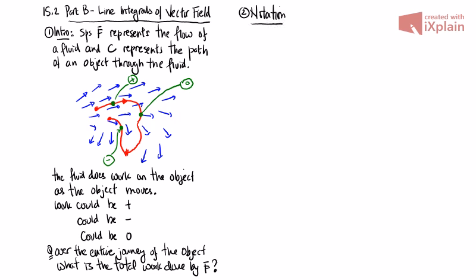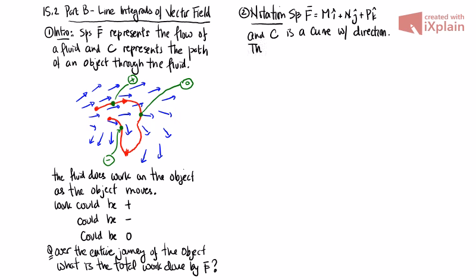So the notation for this is sort of a weird one, and there are two different notations that are commonly used. Suppose F, like we did before, has components M, N, and P. Suppose that's our F, and suppose C is a curve with direction.